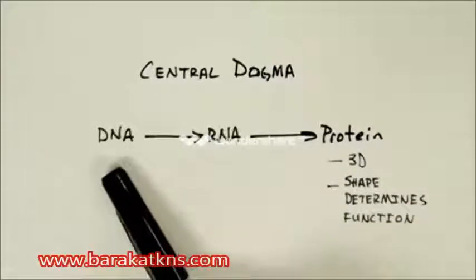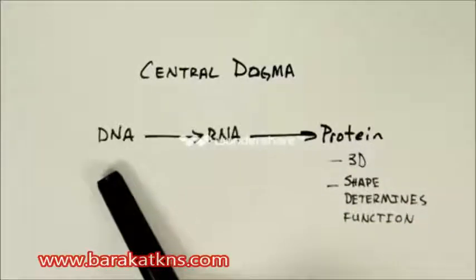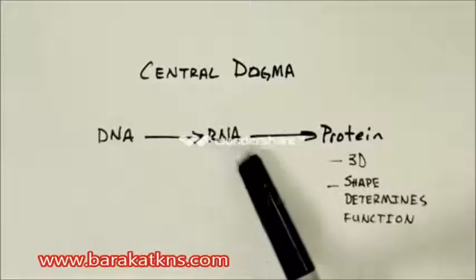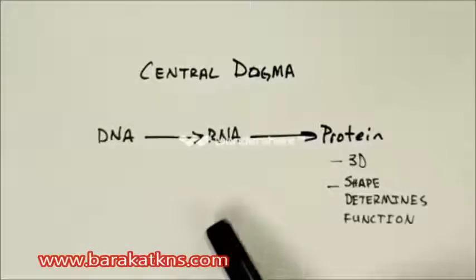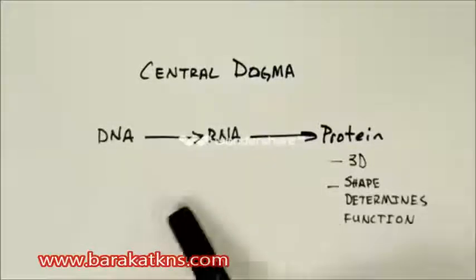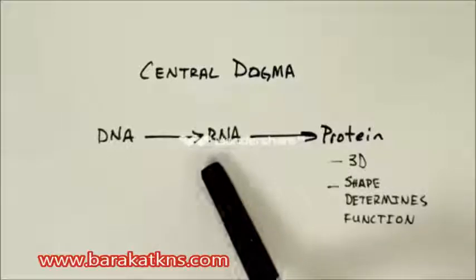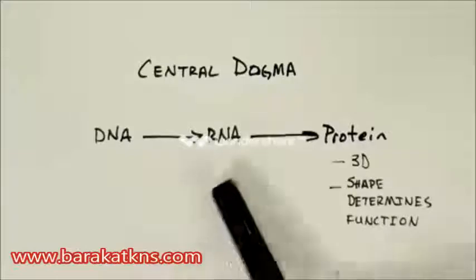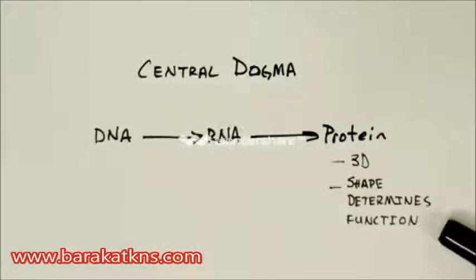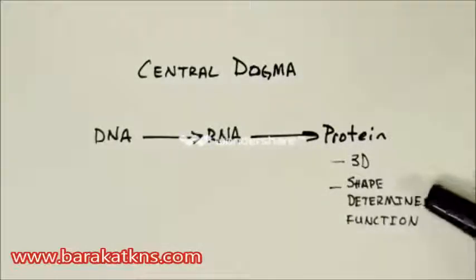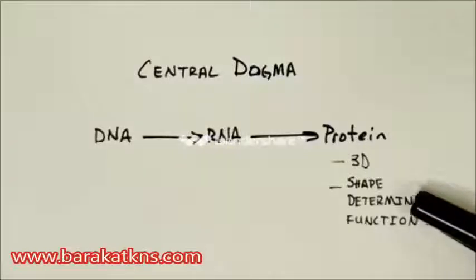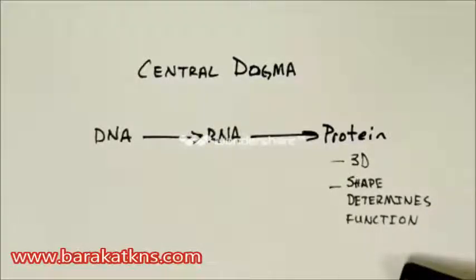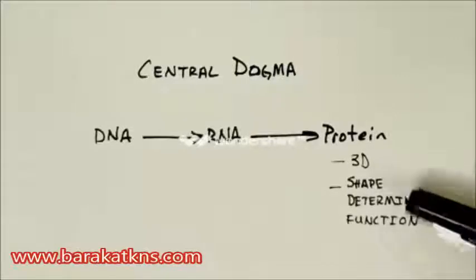That typically doesn't happen very much in DNA because there are proofreading enzymes that will take care of that. But the RNA seems to lack the proofreading ability. So a lot of mutations or changes in the RNA can occur. So if you crawl back over here, changes in that RNA could ultimately lead to changes in the shape and ultimately the function of that protein. That's going to definitely be important when we look at the ability of the influenza A virus to mutate.